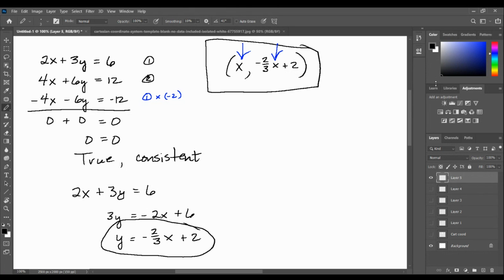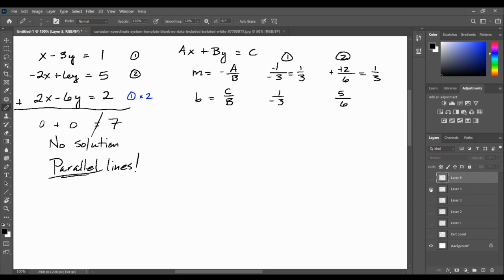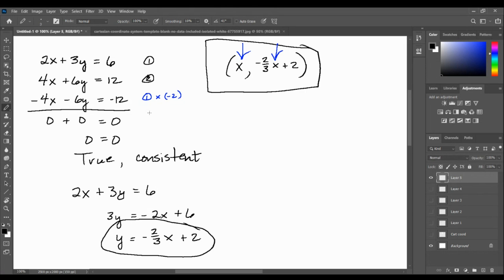So if your system of equations gives you a false statement, there is no solution and you've got parallel lines. If your system of equations gives you a true statement, where the variables are both eliminated, then you have a consistent equation and you have two lines, one on top of the other.